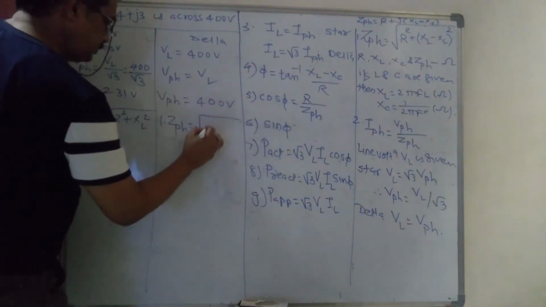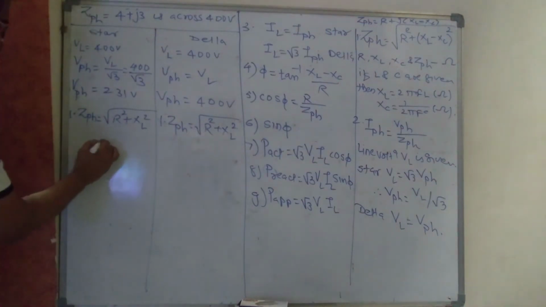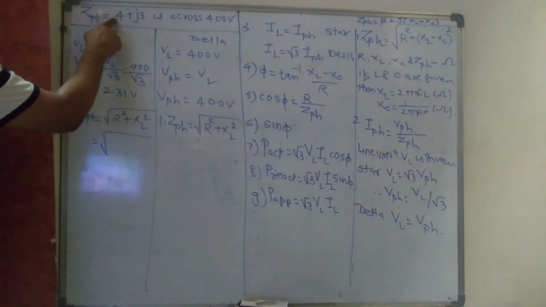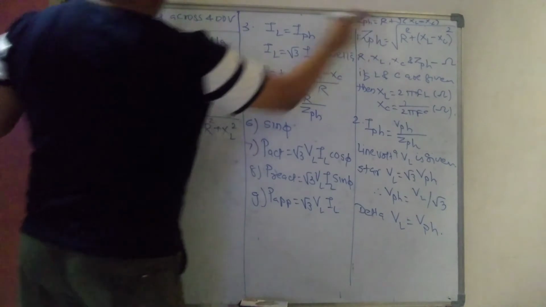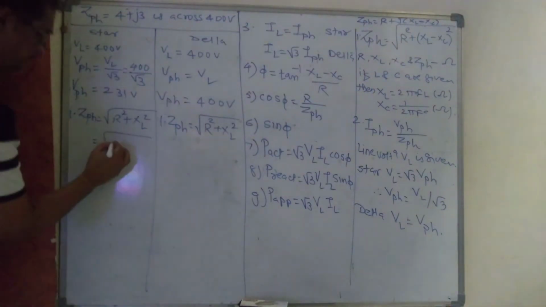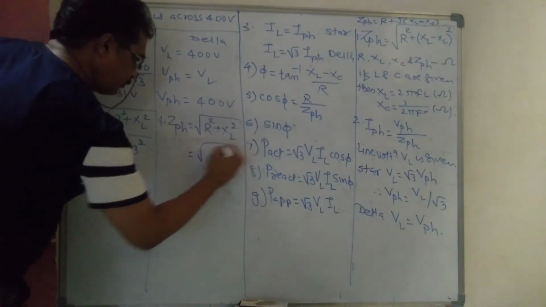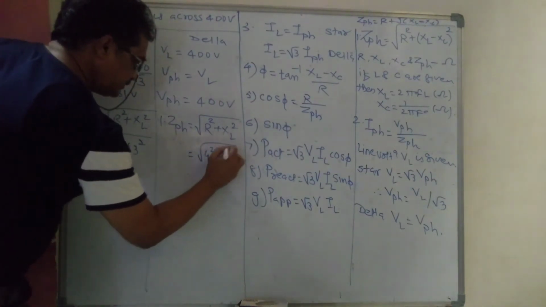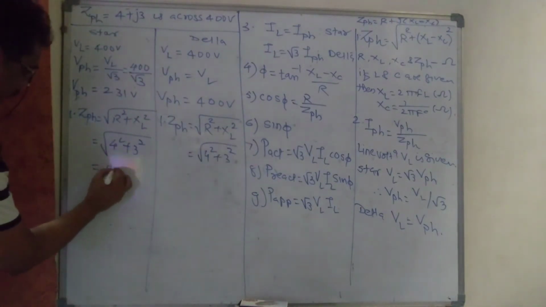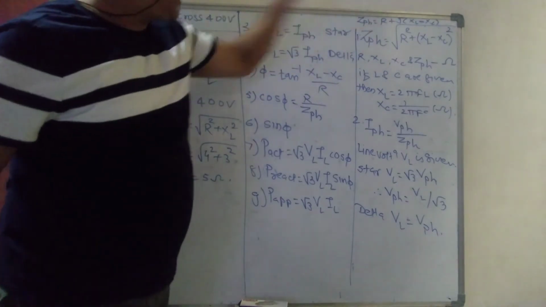R is 4, XL is 3. 4 square plus 3 square, under root, is 5 ohms. So the first answer is calculated.